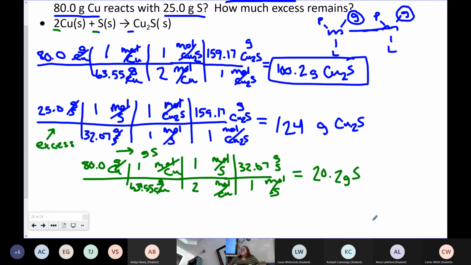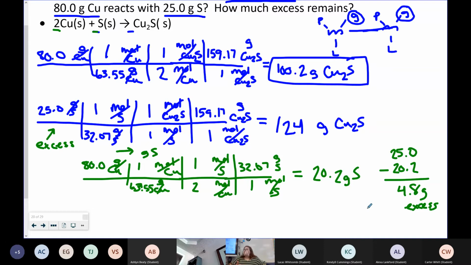So to figure out how much excess we have left over, we want to take our original amount, that 25 grams, and subtract how much reacts, that 20.2 grams. So there should be about 4.8 grams excess. So 4.8 grams left over that can still react if you have more copper to react with.